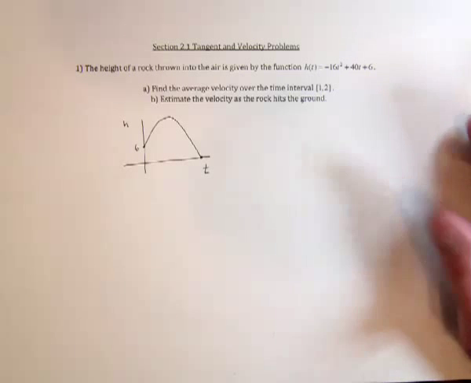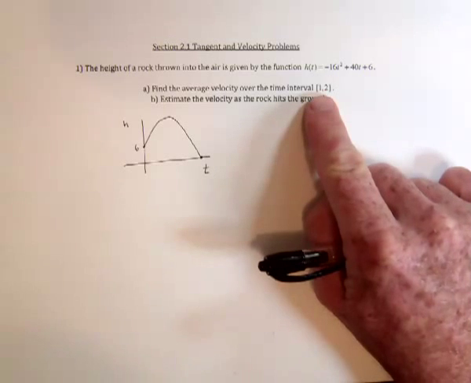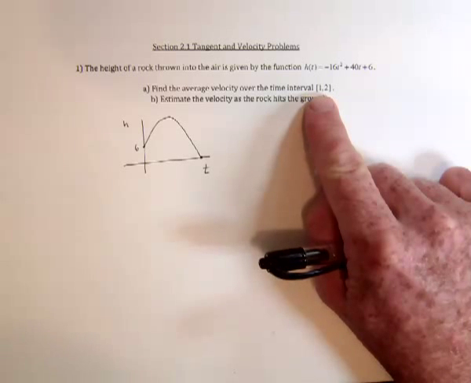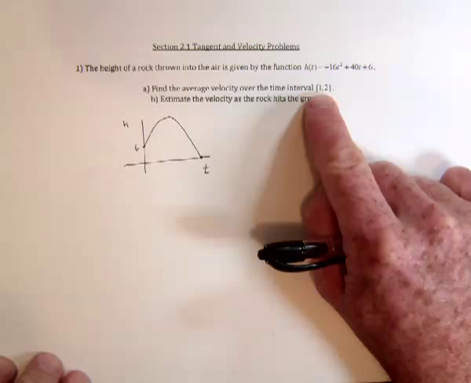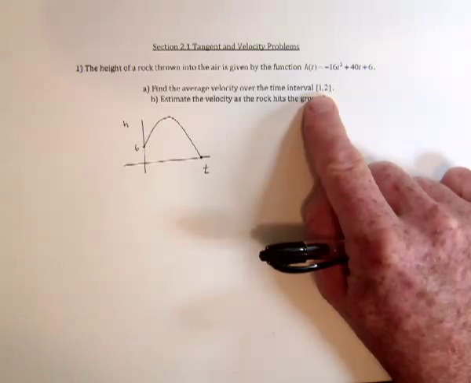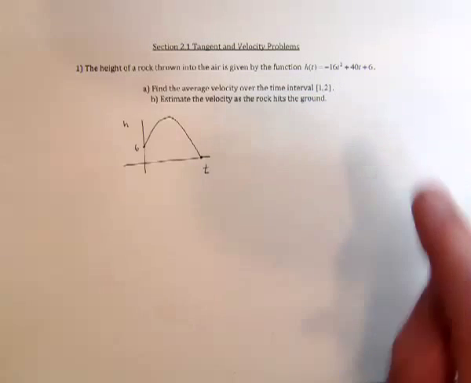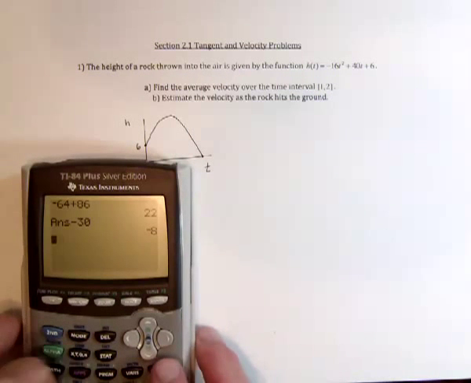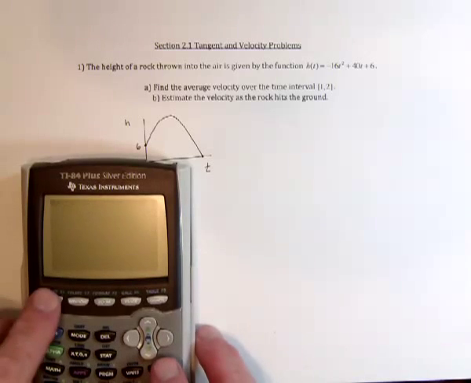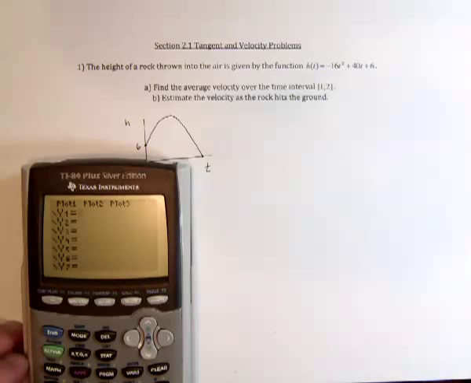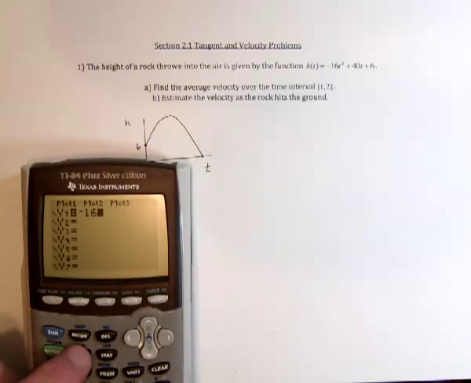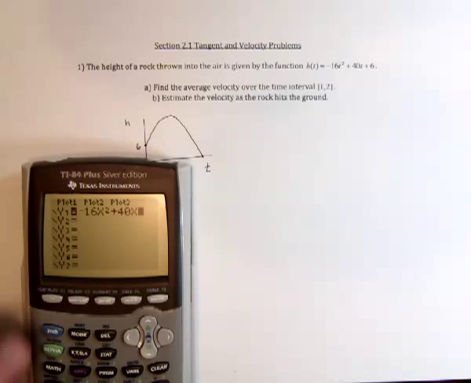So then we've got this time interval given. It says when you go from 1 second to 2 seconds, on average, how fast was the rock going? So I could get a little more accurate graph rather than my sketch. So negative 16, I'll use x squared, plus 40x plus 6.